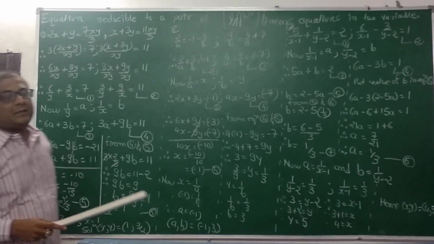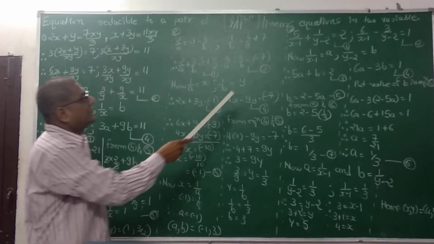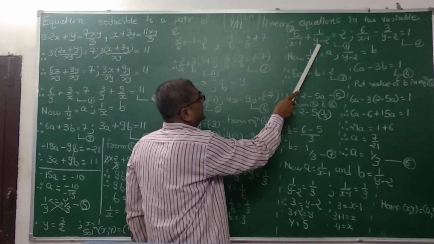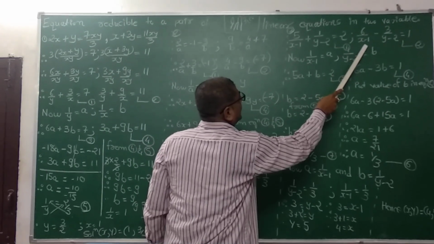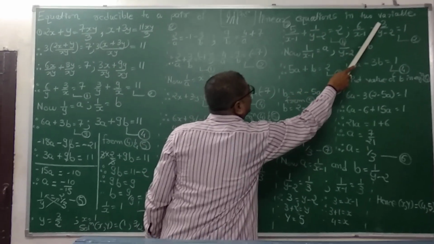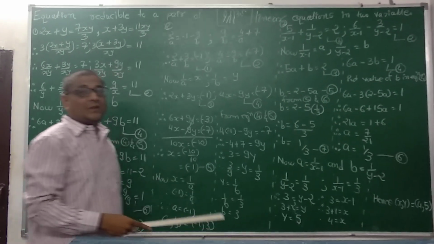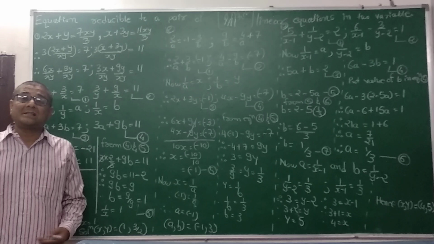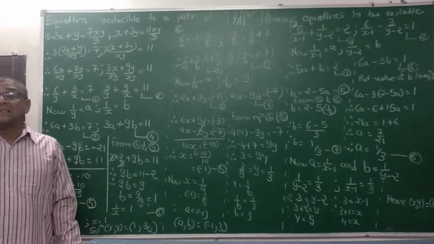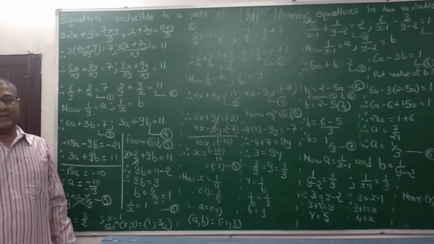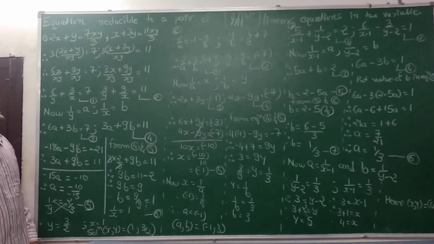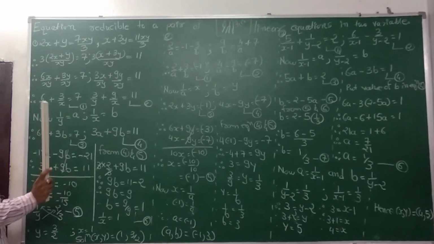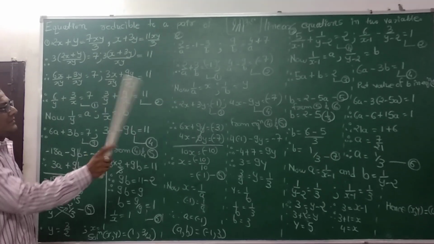In examples 3 and 2, the denominators of the first term and second term are the same. So at the initial stage, the equation is not in the standard form of a linear equation, so we reduce it to the standard form by taking different examples.